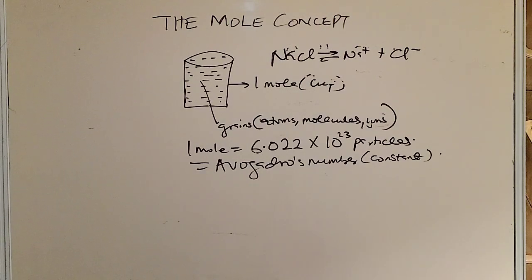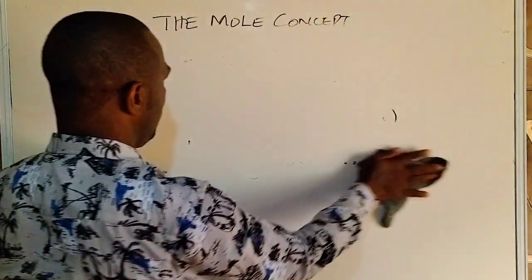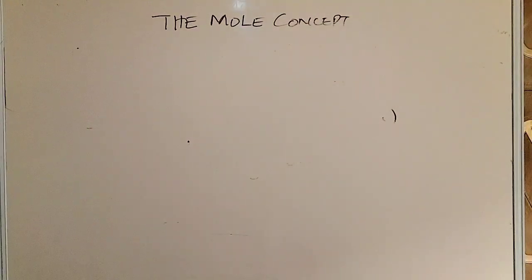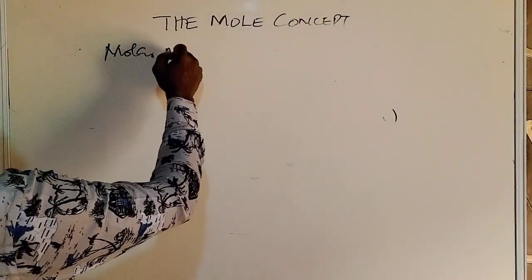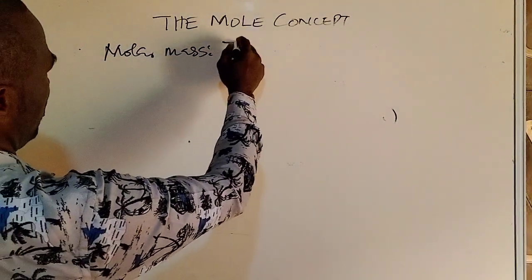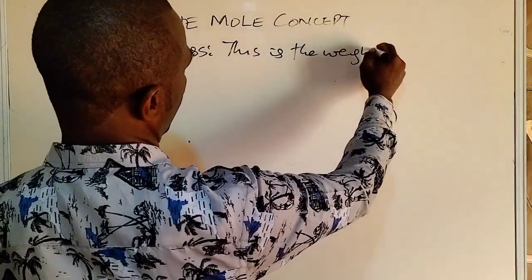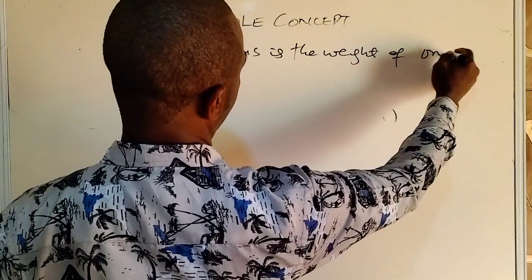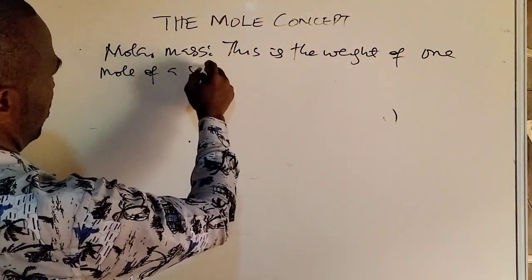So having done that, we now have to introduce the concept of what is called molar mass. What do we mean by molar mass of a substance? The molar mass, we say this is the weight of 1 mole of a substance.